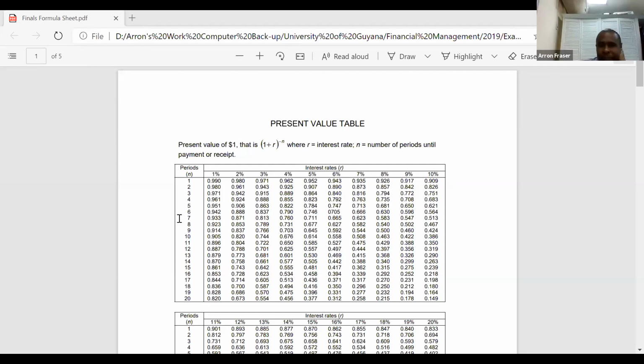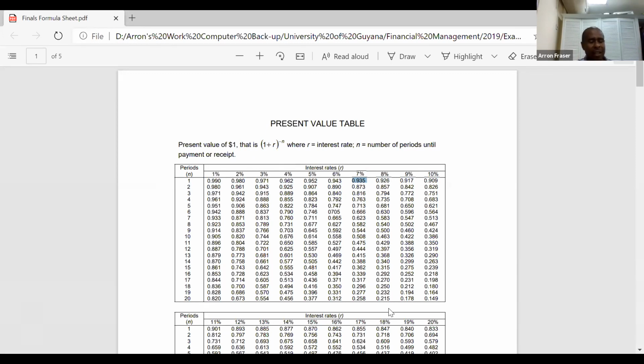Good. So the table I share here is what we call a present value table. In the example I showed you just now, we had a discount factor of 7%. Then you have the periods here, and these periods are in years. So in the first year, it will be 0.935.